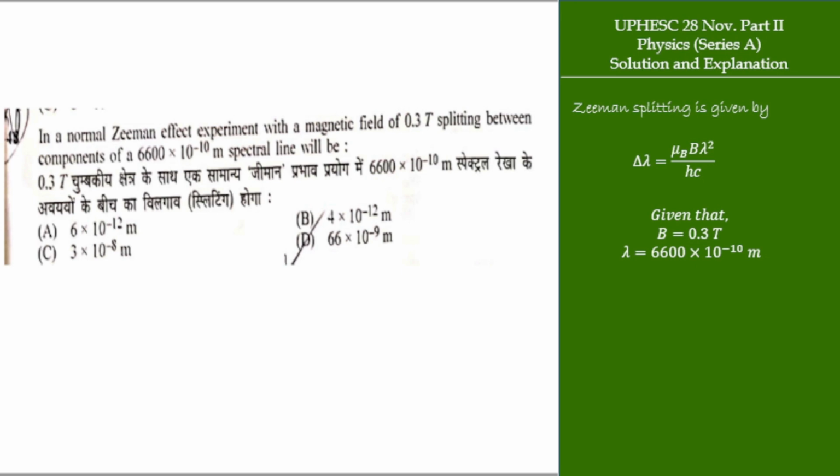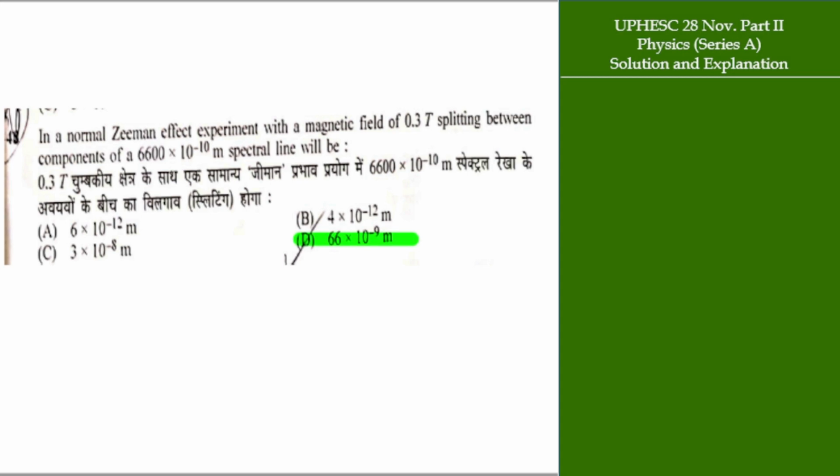The value of uniform magnetic field 0.3 Tesla, value of lambda 6600 angstrom or 6600 multiplied by 10 to the power minus 10 meter. So if we calculate using these values, you will get the value of delta lambda equals 66 into 10 to the power minus 9 meter. So the correct option for this numerical is option D.